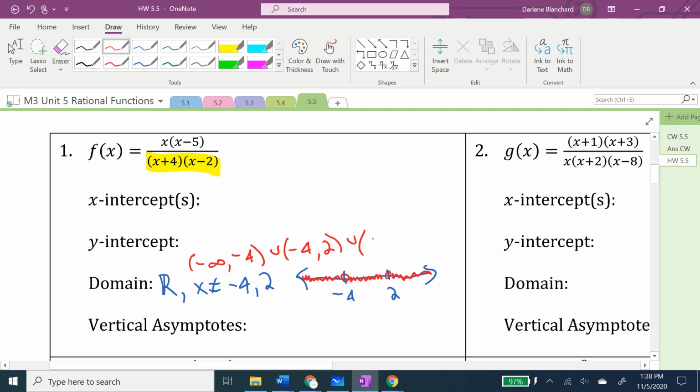And then from 2 to infinity. I don't have a problem if you want to write your domain this way. It is a completely legitimate way to write it.